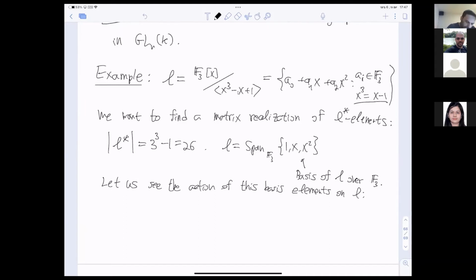And I recall that L is isomorphic to, if this is K, K to the power of 3, because it's a three-dimensional extension.